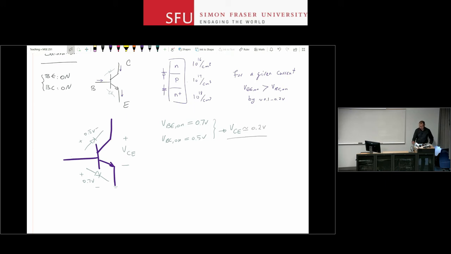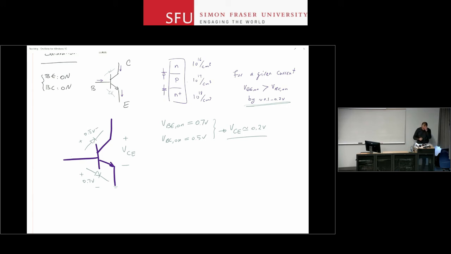It's the difference between the turn-on voltage of the two diodes. If it is 0.1, it's 0.1. If it is 0.2, it is 0.2. So when the device is in saturation region, once you convince yourself of that, you can go and show that VCE is about 0.1, 0.2 volts, okay?